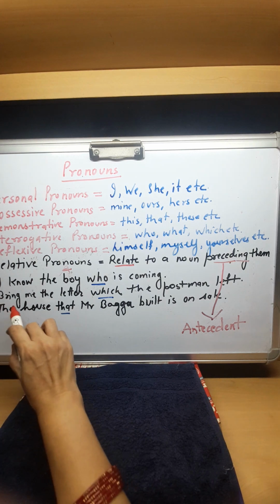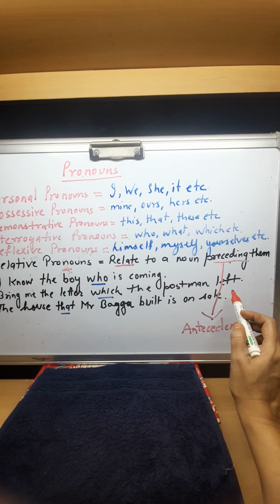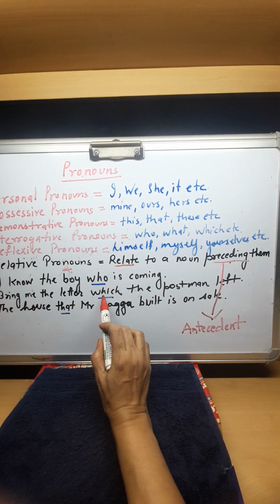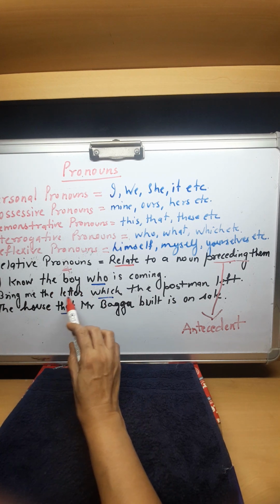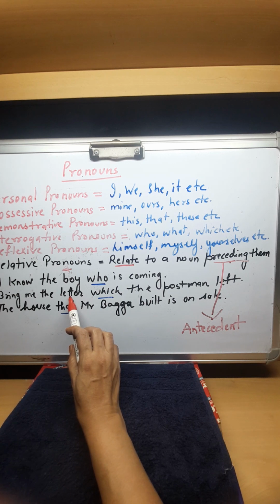Got it? Bring me the letter which the postman left. So, you will say, yes, I know which is the relative pronoun. And which is the noun preceding it? You will say the letter. But if I ask you what is the antecedent in this, then you don't get confused. You know that antecedent is also letter.